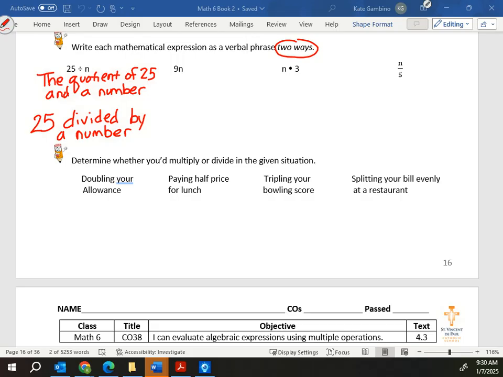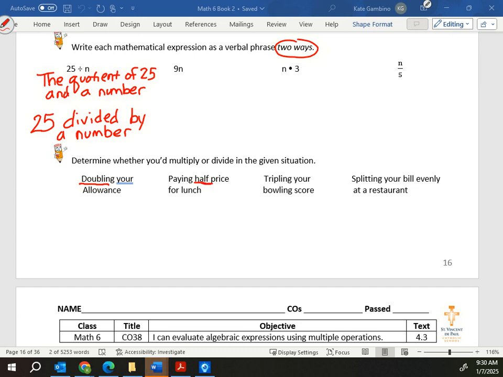And then on the bottom it says determine whether you would multiply or divide in the given situation. Not all of these verbal phrases are up in our table, so you need to think it through, and then you can add phrases into your table. If we see something like paying half price, are we multiplying or dividing? If we're doubling our allowance, are we multiplying or dividing?